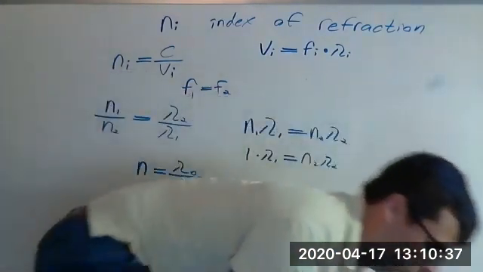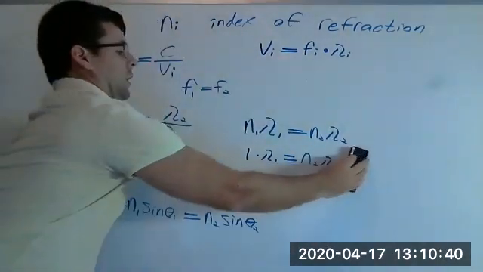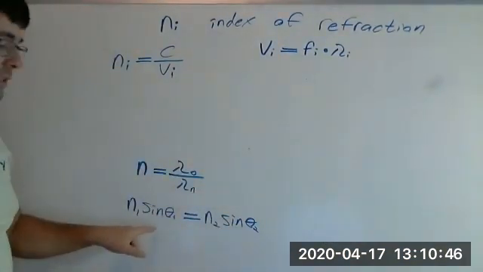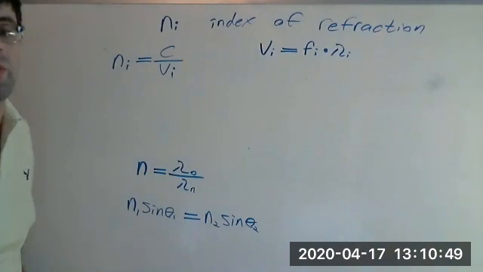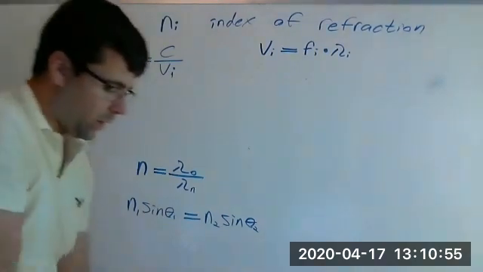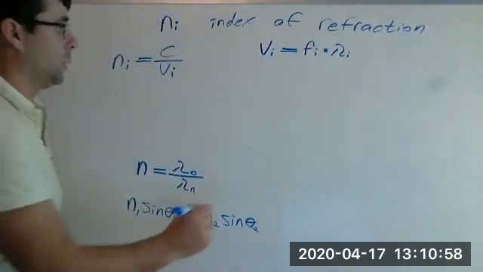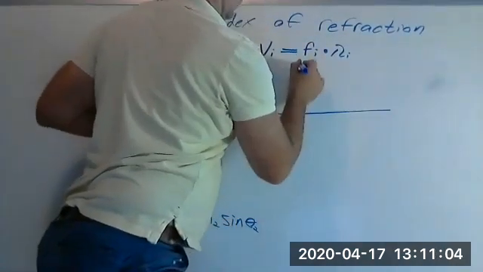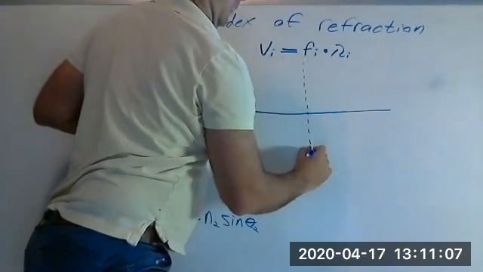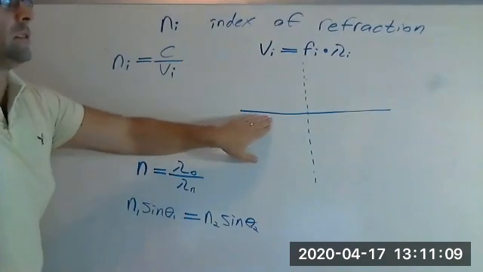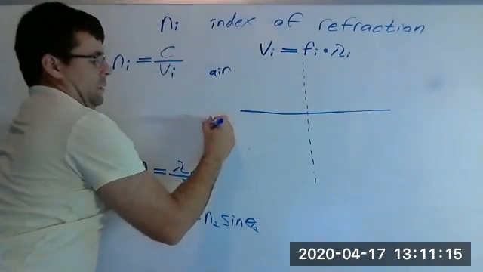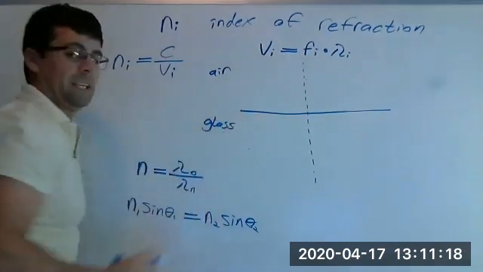All right, so ignore all this for a second. So this is Snell's law of refraction. This is how we measure what happens with refraction. So if we draw our little diagram, this is the interface. This could be air, let's say glass.